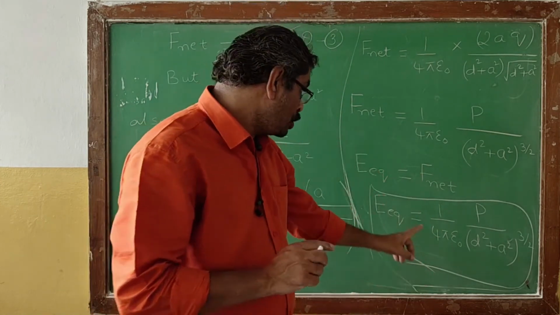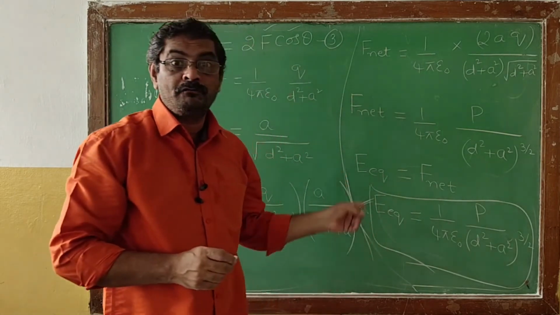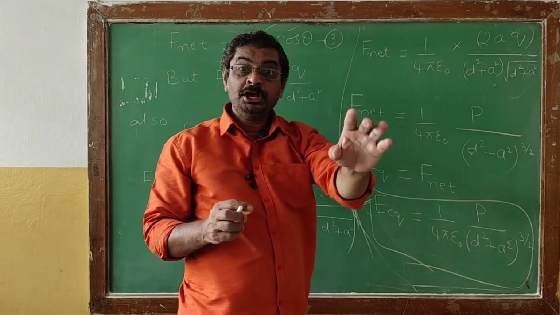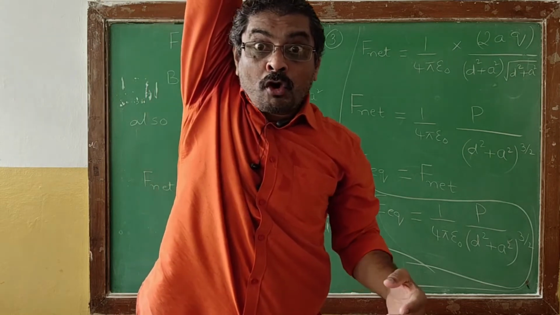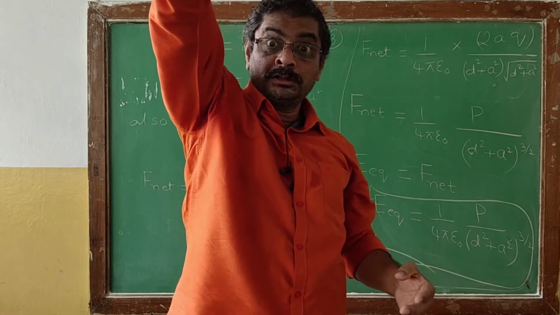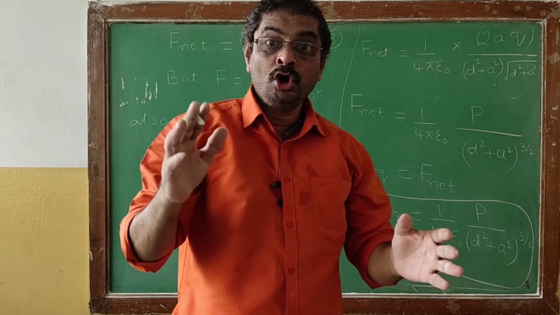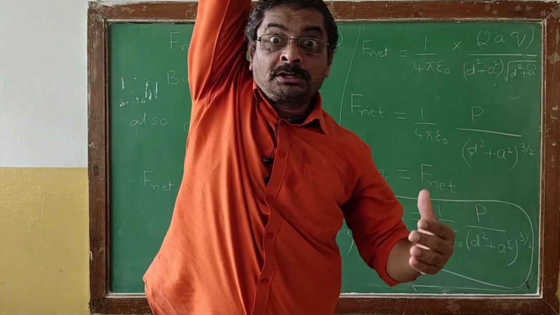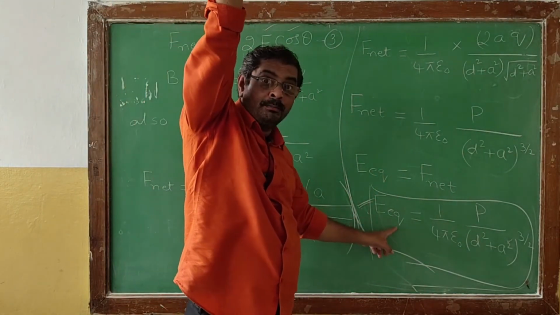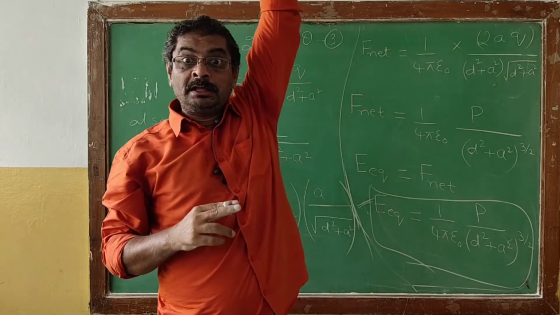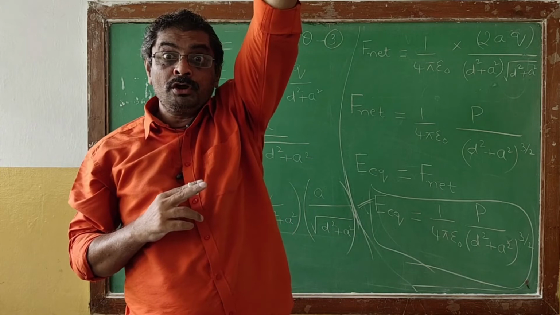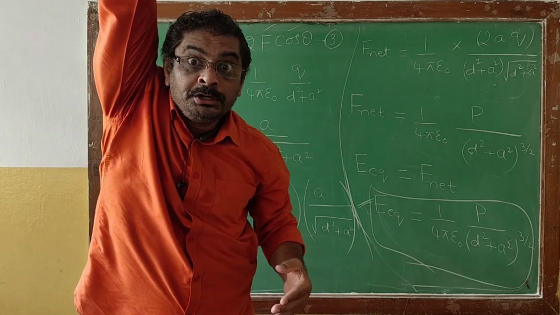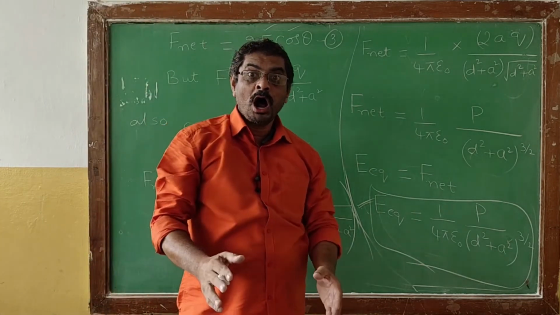But remember one thing, this is the formula we got for the electric field on the equatorial line due to a long dipole, the general formula.